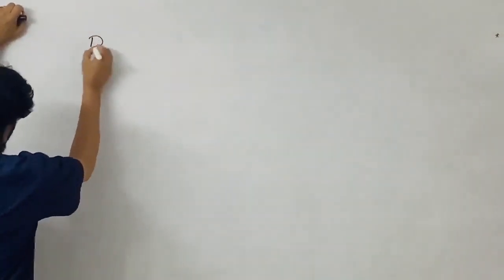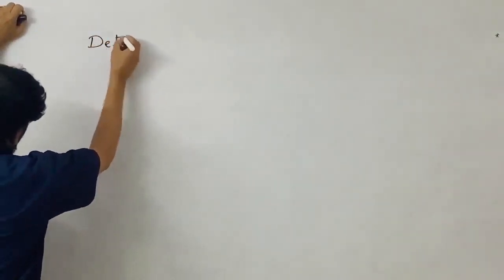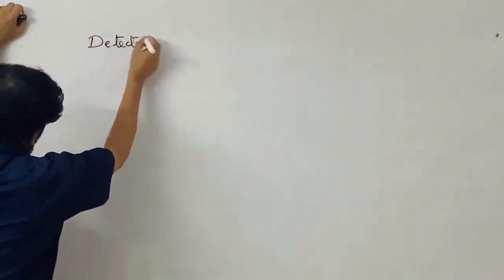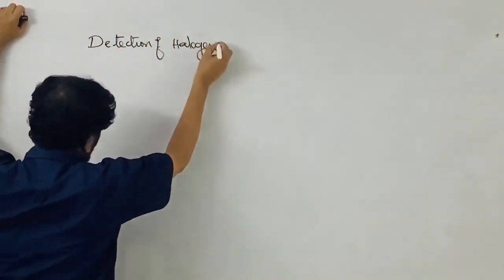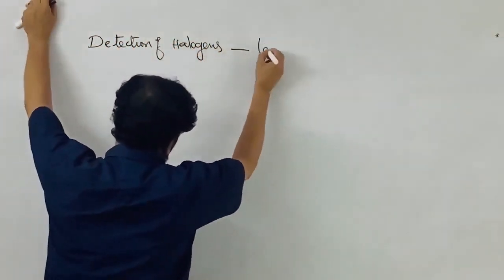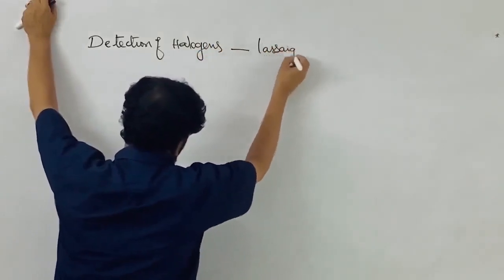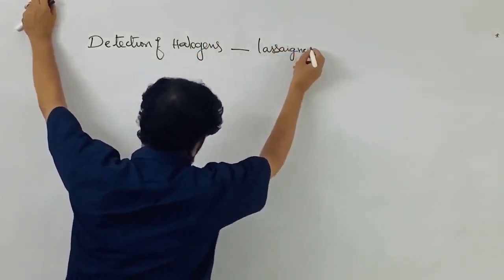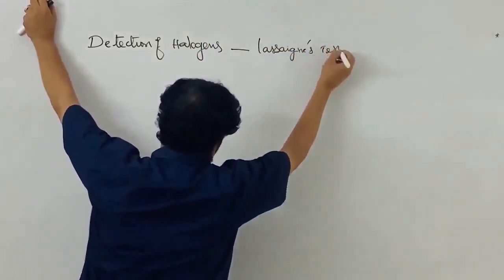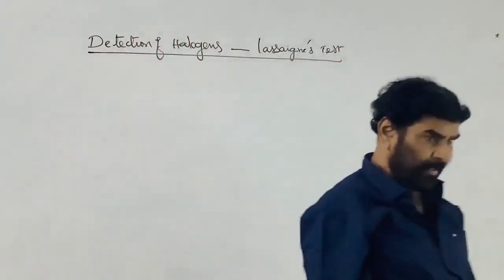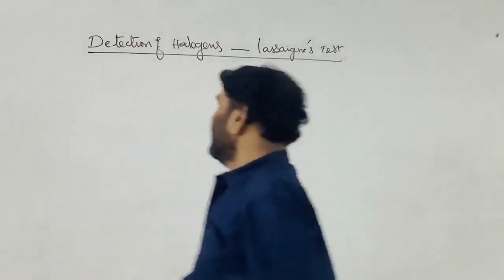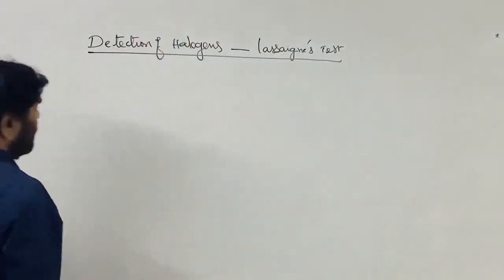Now is the detection of halogens, Lassaigne's test.